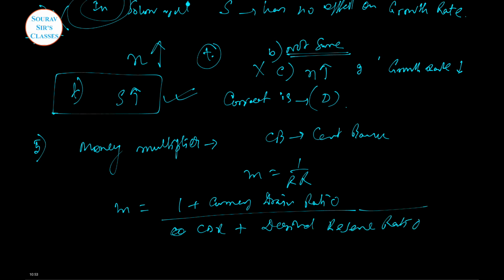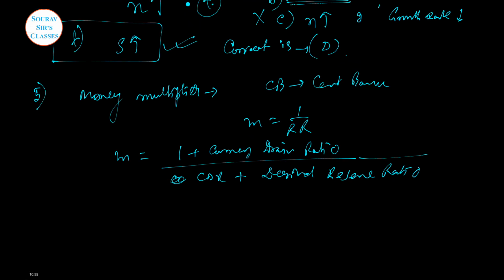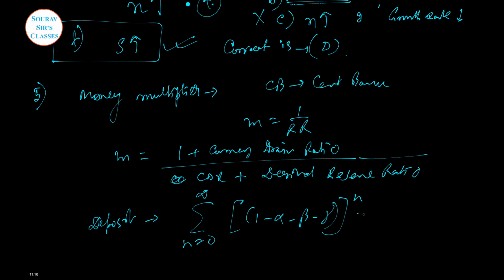So this one is important, and here is another formula for deposits as well. For deposits, the formula is summation of n equal to 0 to infinity of (1 minus alpha minus beta minus gamma) to the power n, or 1 by (alpha plus beta plus gamma).